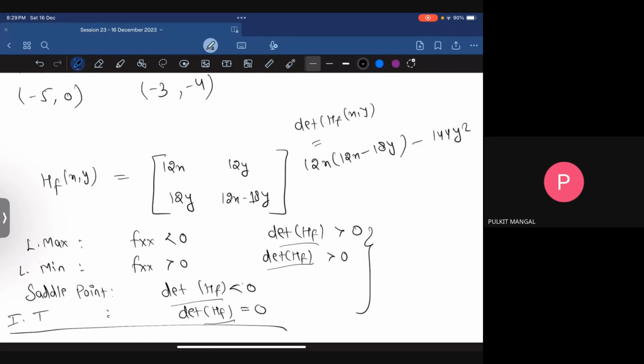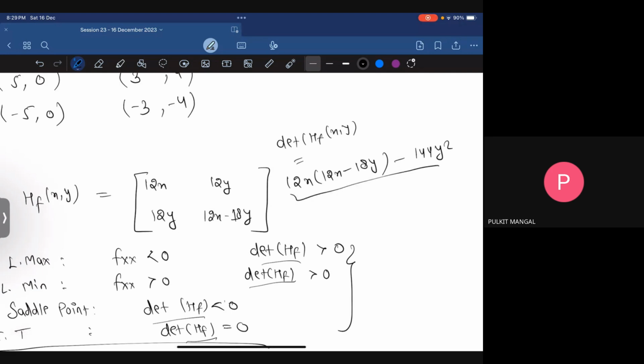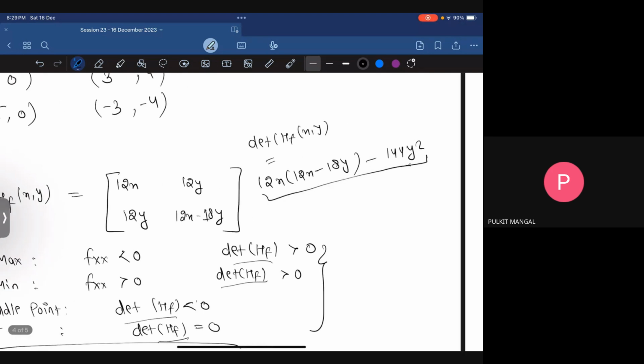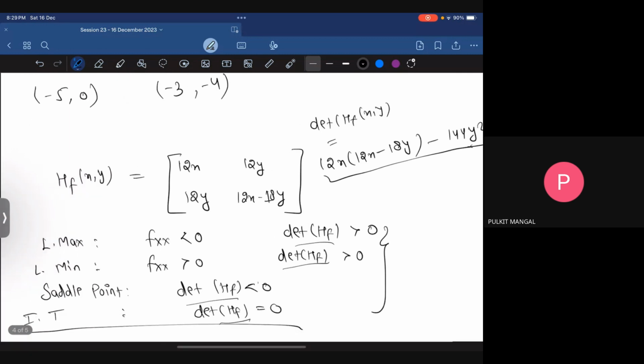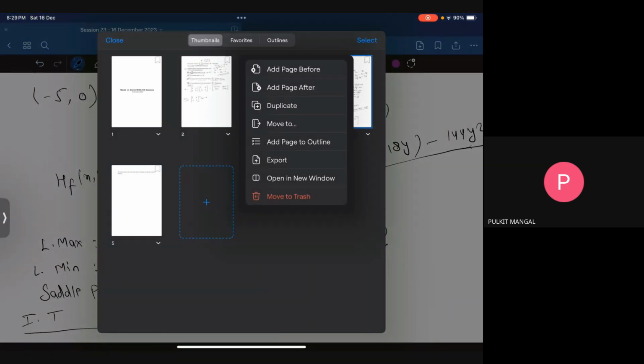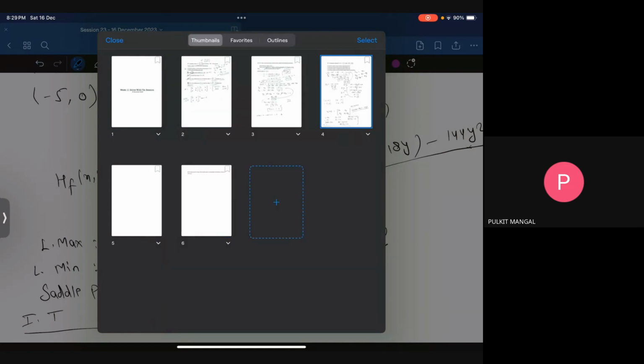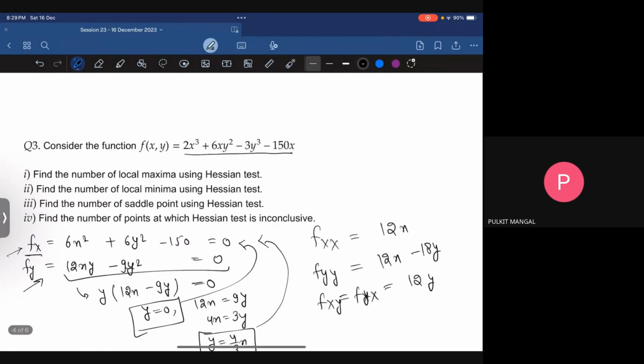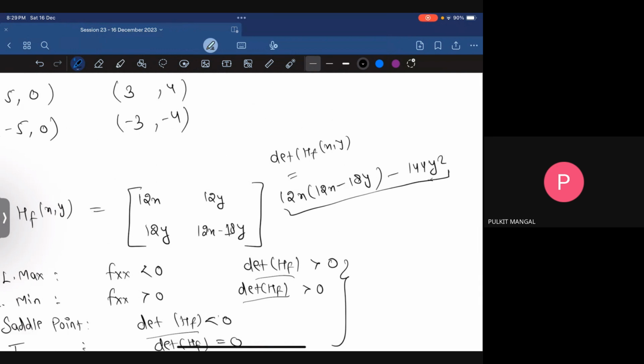This is the determinant for my Hessian matrix.